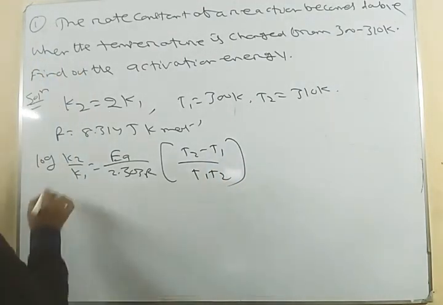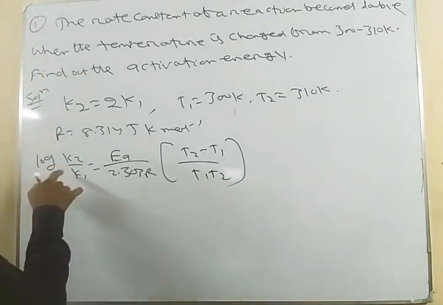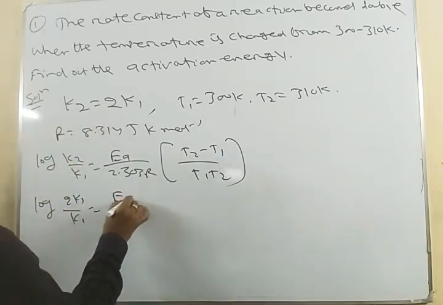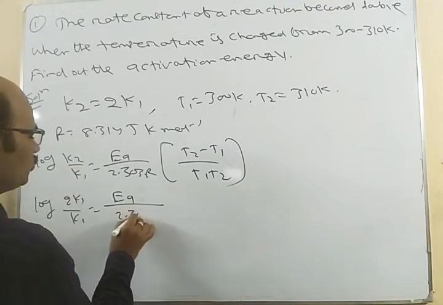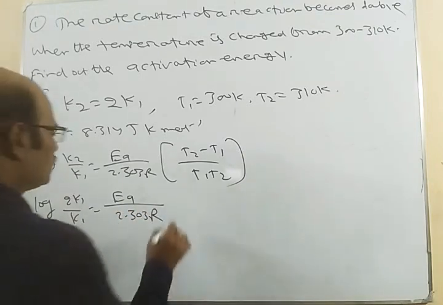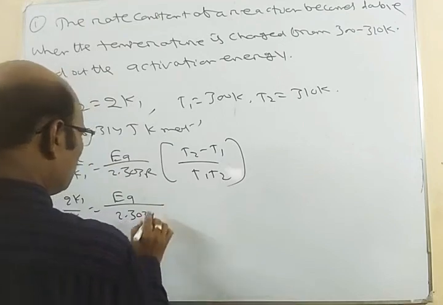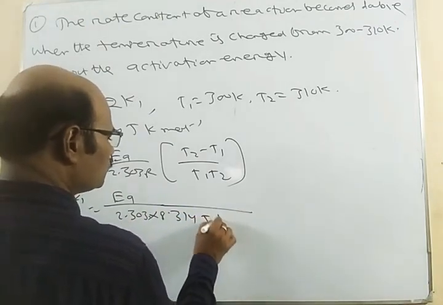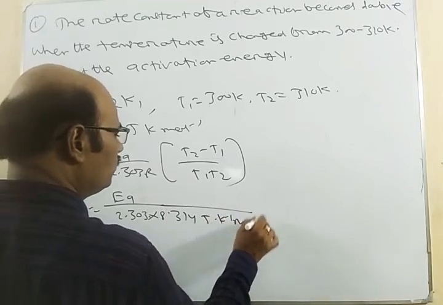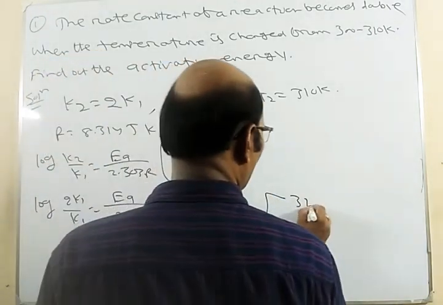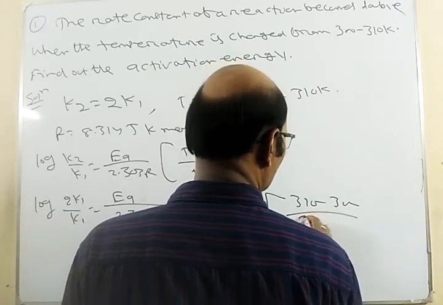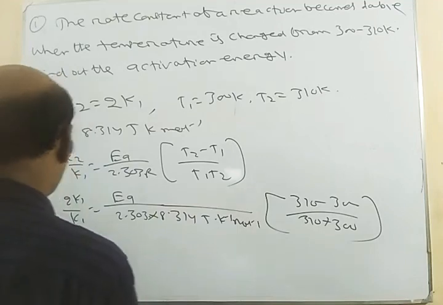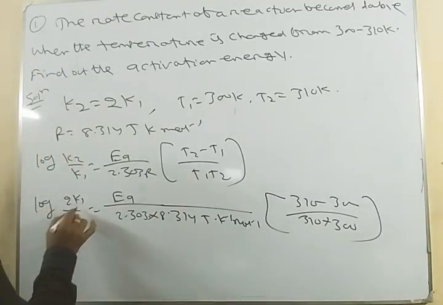So log 2K1 by K1 is equal to Ea by 2.303 into 8.314 into 310 minus 300 by 310 into 300.